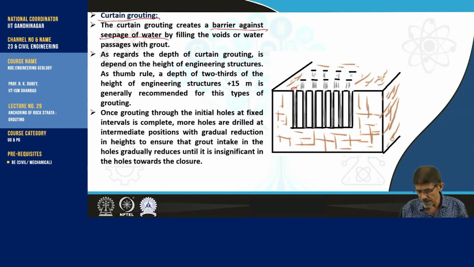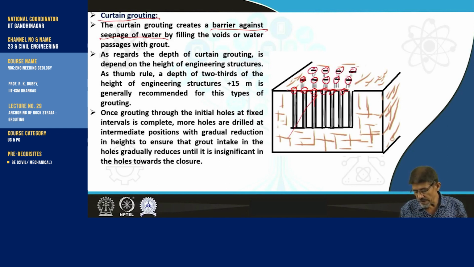You can see here a number of grout holes, and if this one row is not sufficient, it will still allow the flow of water. Then we develop a second row, a third row.